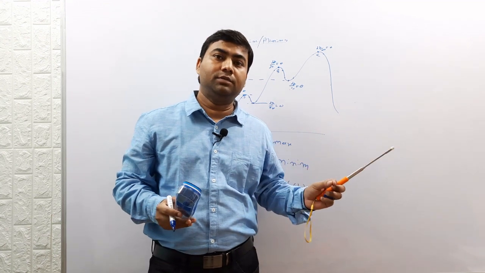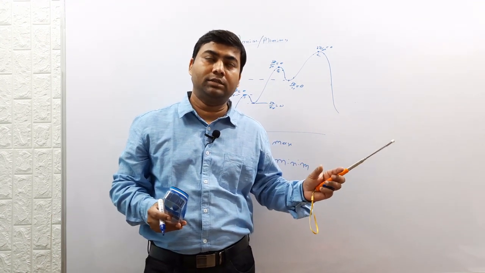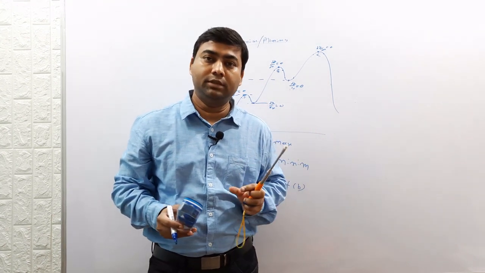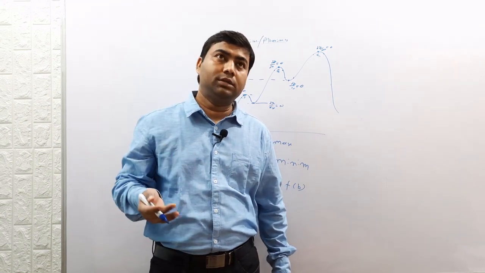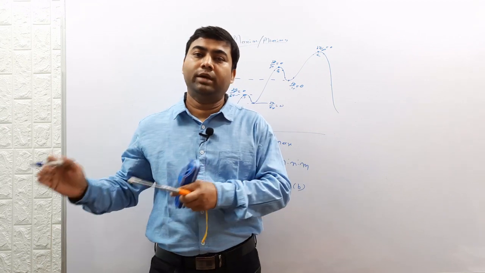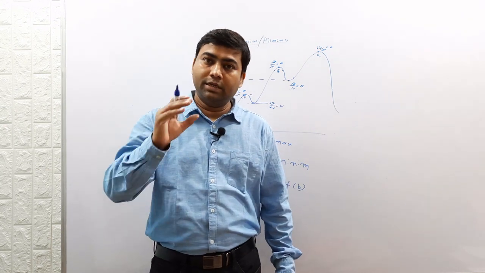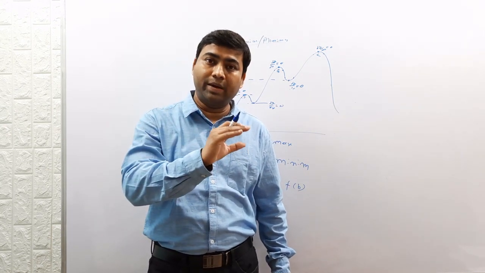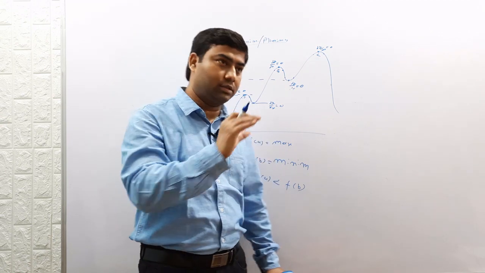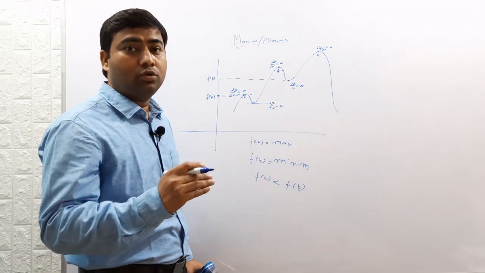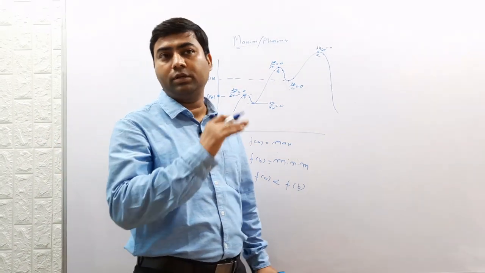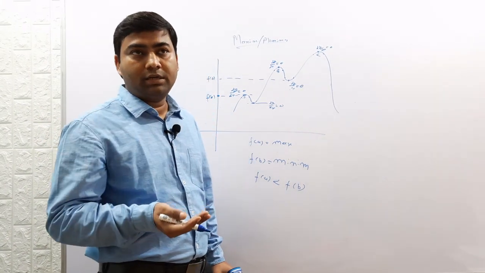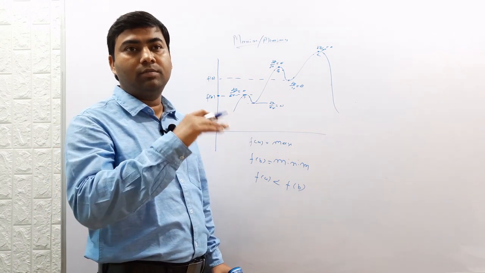A maxima doesn't give the maximum value of the function in the minus to plus infinity range, and a minima doesn't give the minimum value of the function in the plus infinity to minus infinity range. They are just the local maximum or minimum values of the function in this nearby short range, because those points are turning points. Because they are turning points, they will be either maxima or minima.